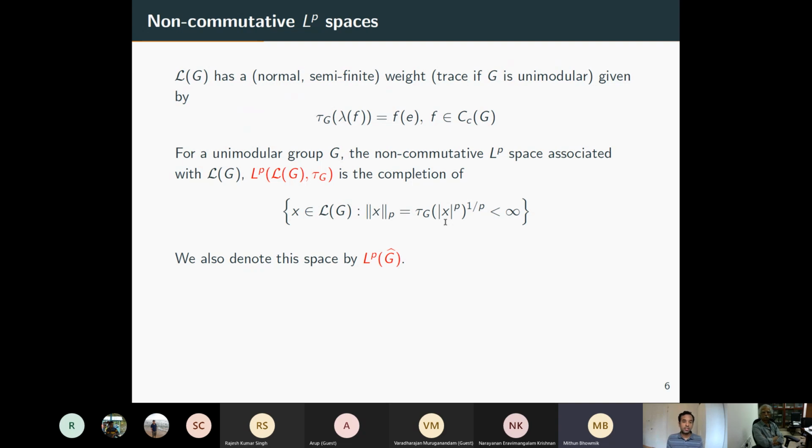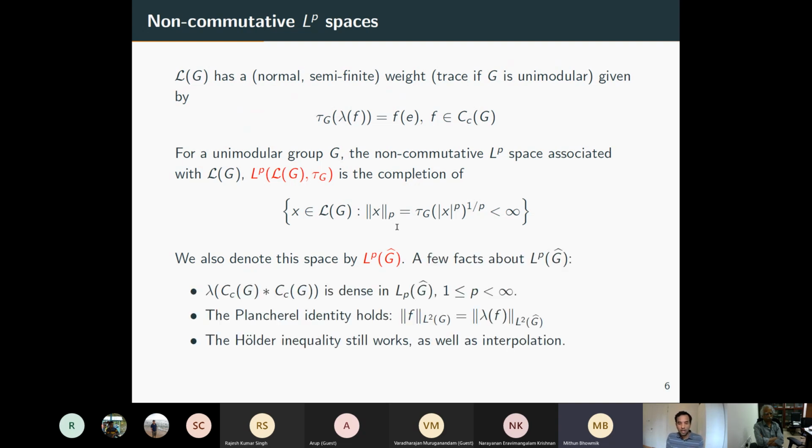And you take the completion of this space with respect to this p norm, and this is an LP space. By analogy, we could call this space LP of G hat. There is no underlying group G hat now, but by abuse of notation, we'll just say this is LP of G hat. And these are in fact just like LP spaces.